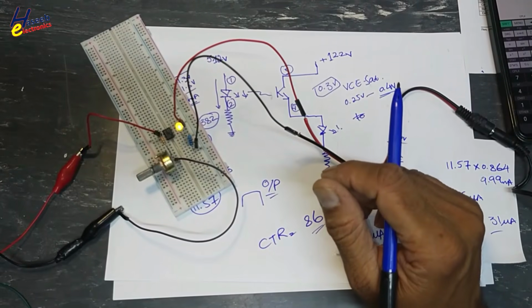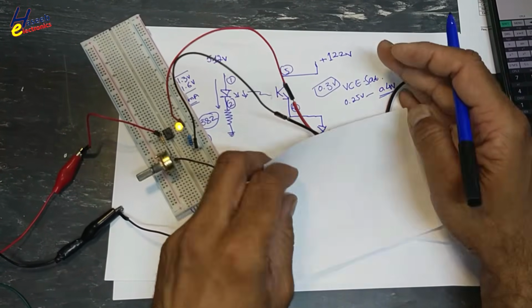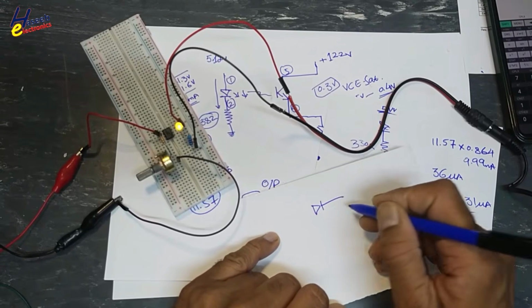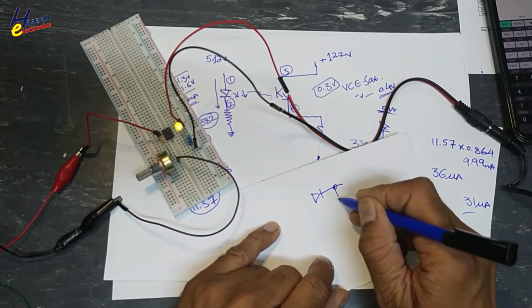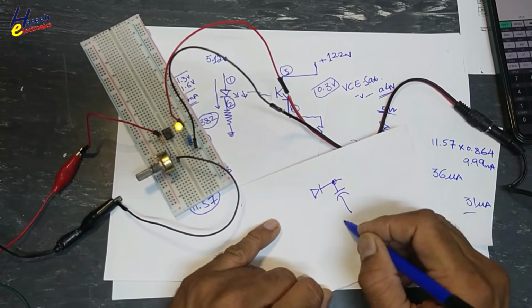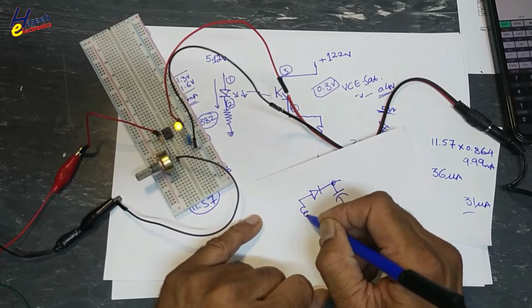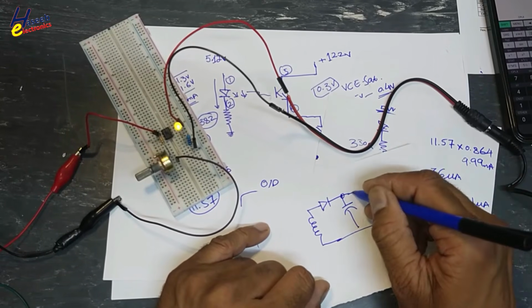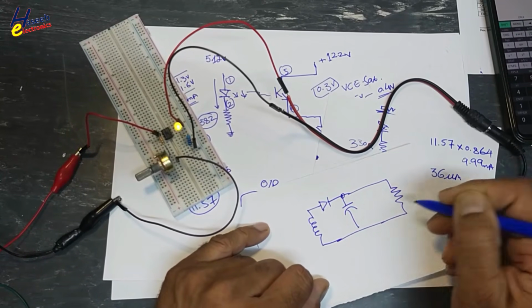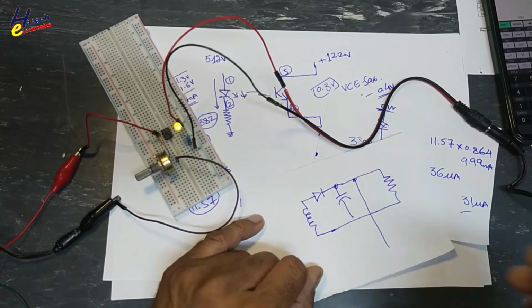When in any power supply, this is secondary side and here is RL. We are sensing voltage from this point.